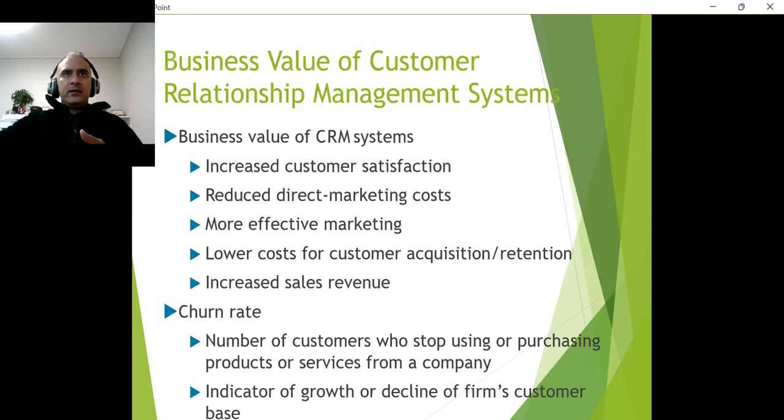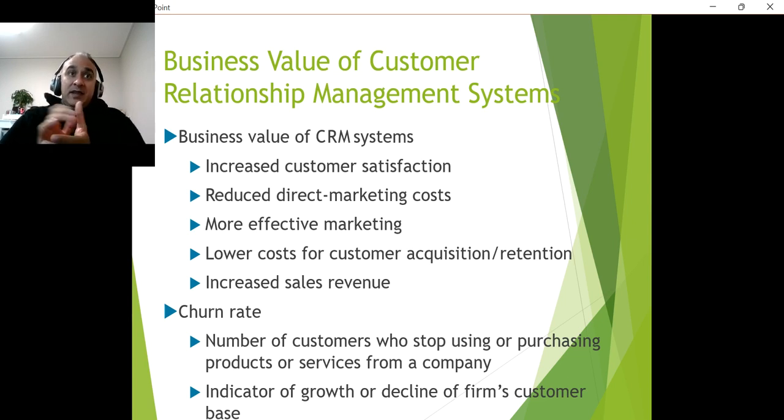Okay, there you go. So, like I said, what is the value of these CRM systems? We can contact them more often so they are more satisfied. Rather than targeting the whole population that wants our product, we just focus on specific people that need our product. That means the marketing is more effective. And like I said, these systems generate so much data that if they know that the last time I bought a pair of Jordans, they will target the Jordan merchandise to my account, right?